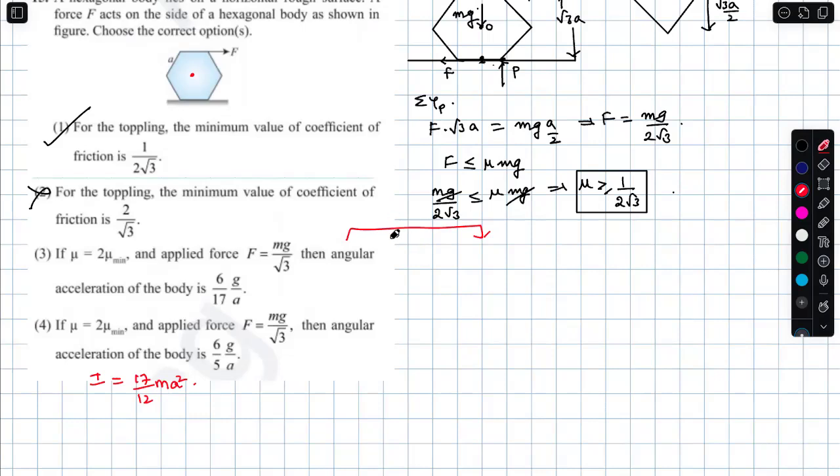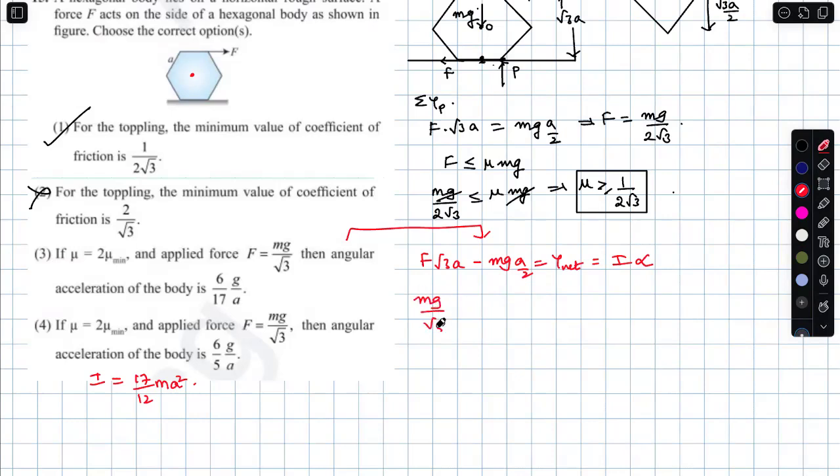But right now, just like F equals ma, torque tau is equal to I alpha. What is going to be the torque now? Same formula I am going to use. F root 3a minus mg a by 2 is the net torque now, and that is I alpha. They have given every data: F is mg by root 3.